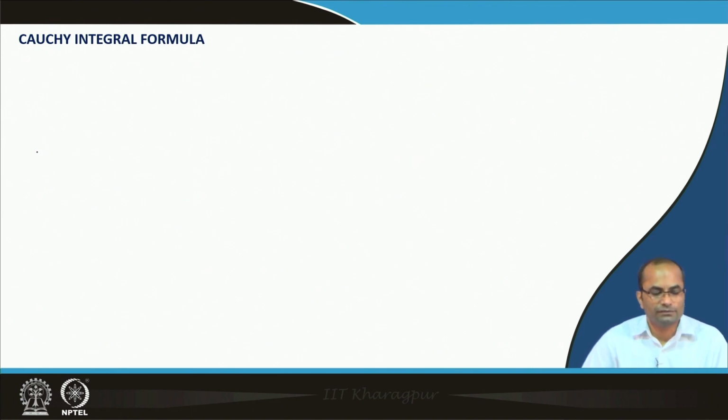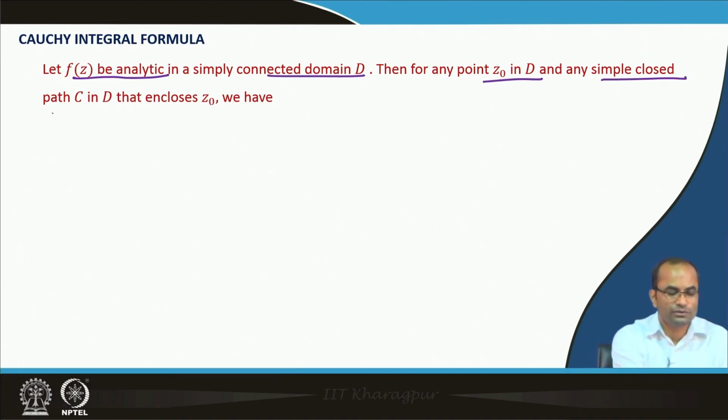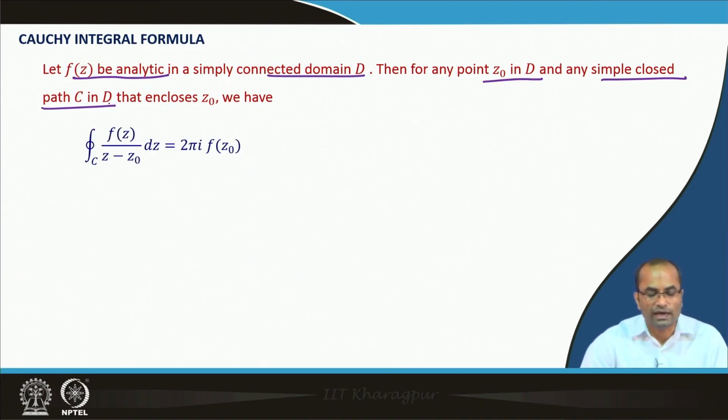So, there is a difference: we were talking about the Cauchy integral theorem, now we are talking about the Cauchy integral formula. What this formula says is that if f is analytic in a simply connected domain D, with similar assumptions as for Cauchy theorem, then for any point z0 in D and any simple closed path C we take in D that encloses this point z0, we have the result involving f(z) over z minus z0.